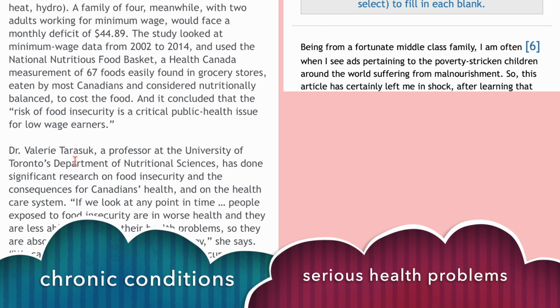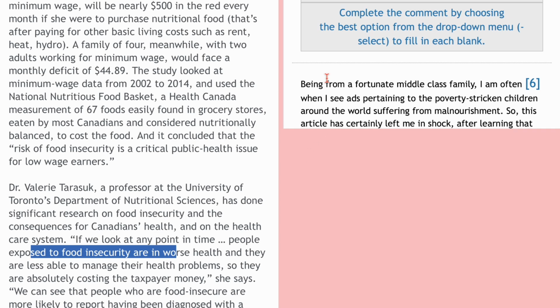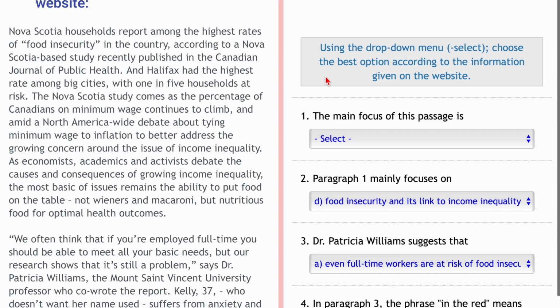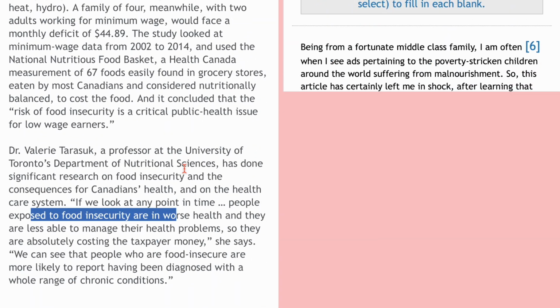So, Dr. Valerie Tarasuk is bringing the point of health, and people who are exposed to food insecurity have worse health. So I think that's clear. There's a connection between those two because if you don't eat healthy, then you will have bad health, okay?